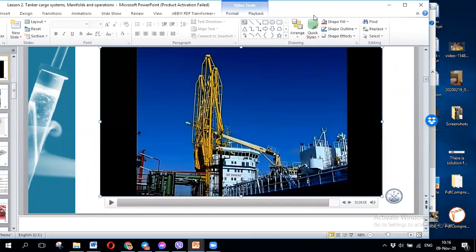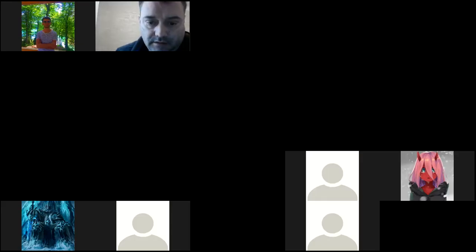And I just want to tell you one very important thing. This cargo arm is from the shore terminal. They are responsible for connection and disconnection. But you, as a duty officer, will be responsible for its safety. If the vessel damages the cargo arm, you will be guilty.